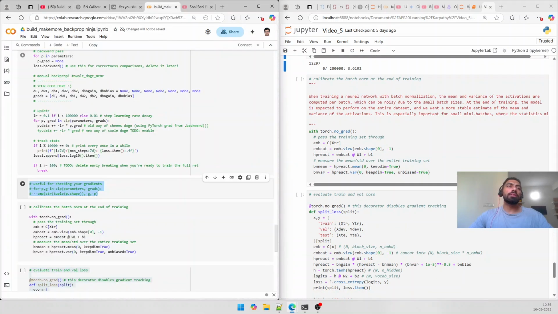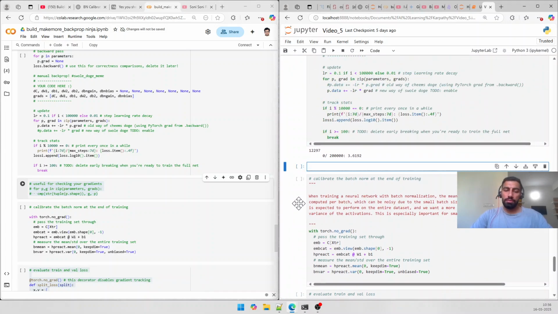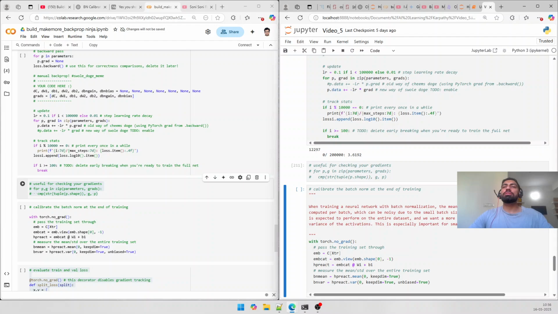And then we calculate if the gradients are coming out fine or not.